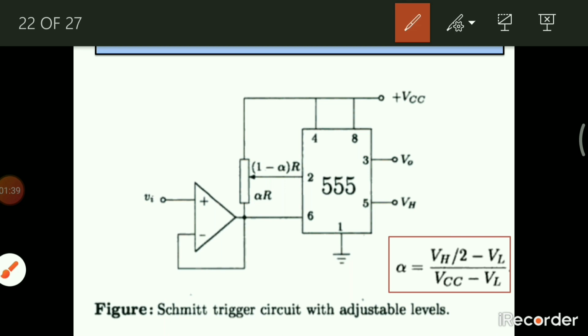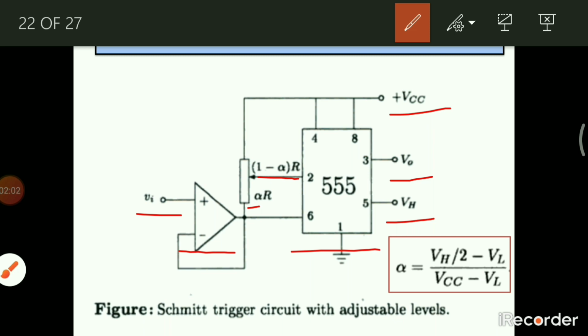Now the block diagram consists of one comparator, then timer 555, VH higher level, V0 output, VCC, Vi, and alpha we could set. It depends on us how to set the values of VH and VL.